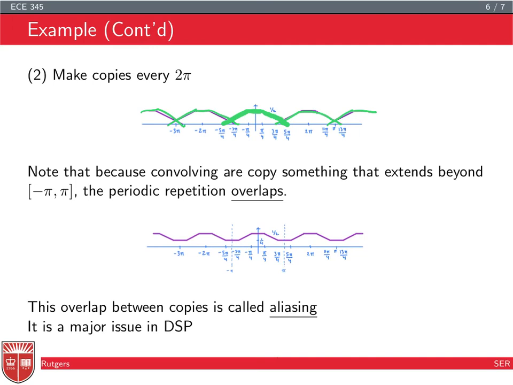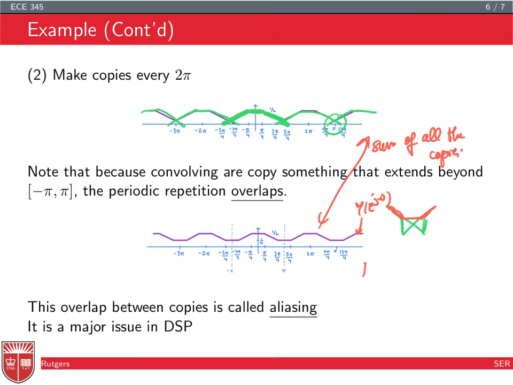When you sum them, one going down and one going up cancel each other here, so you get something constant, then it goes up, and you get Y of e^{jω}. It's the sum of all these copies.